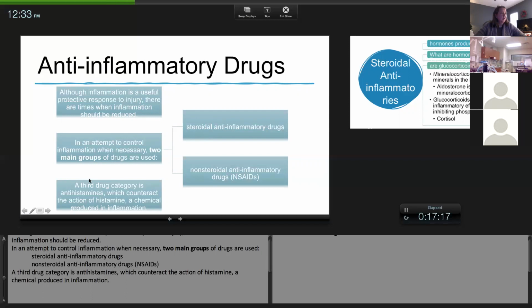When we want to control inflammation, because a lot of pain comes from it, there are two main categories of drug that do this. You have steroidal anti-inflammatories, which are steroids like dexamethasone and prednisone, okay? And then you have the non-steroidal anti-inflammatories, the NSAIDs.